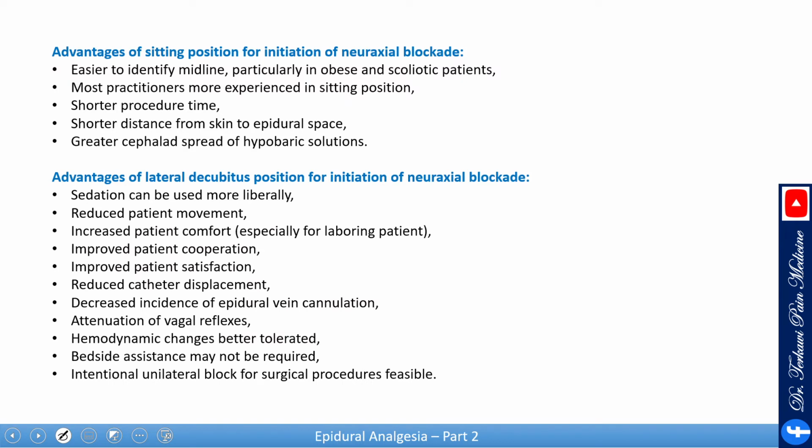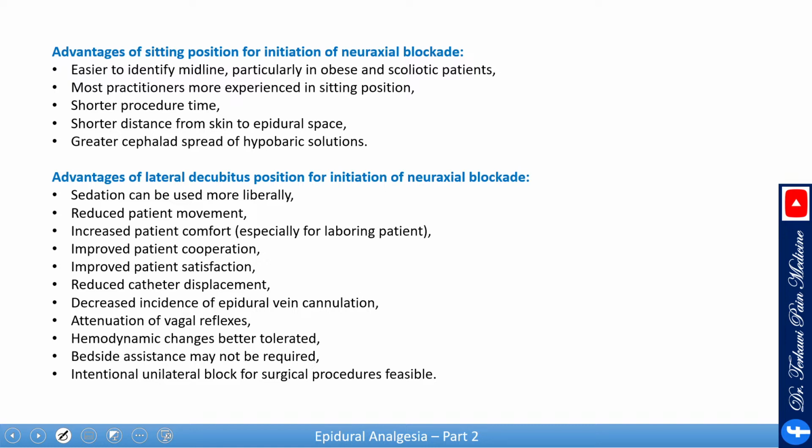On the other hand, advantages of lateral decubitus position for initiation of neuraxial blockade: sedation can be used more liberally, reduced patient movement, increased patient comfort, increased patient cooperation, improved patient satisfaction, reduced catheter displacement.